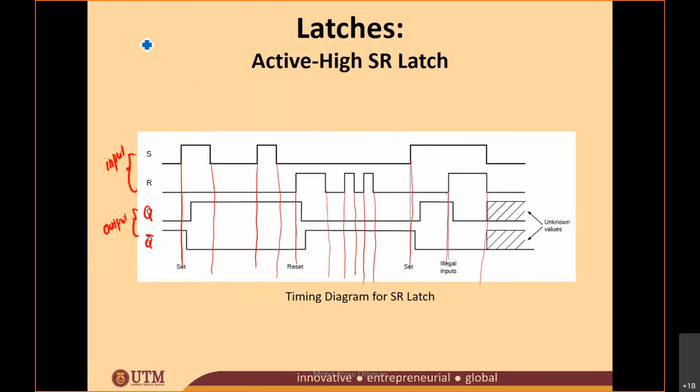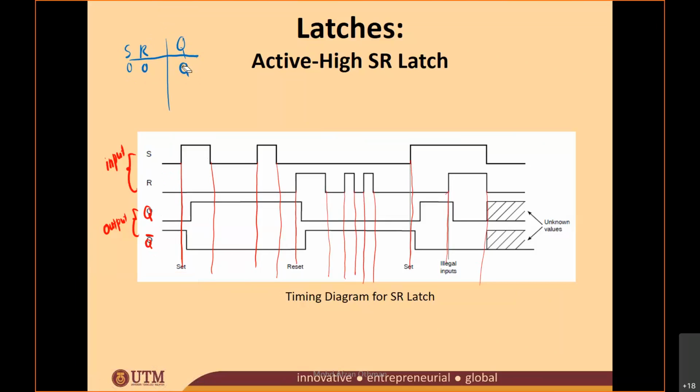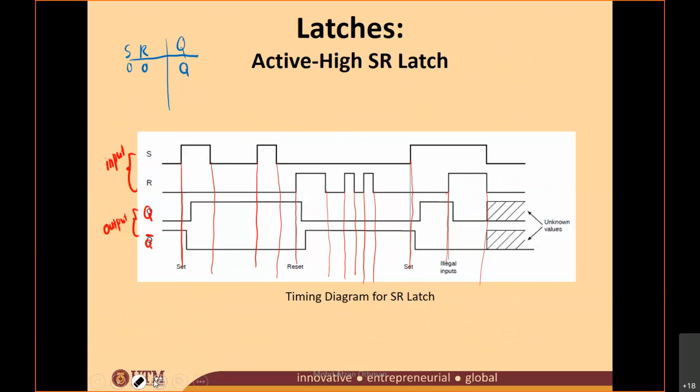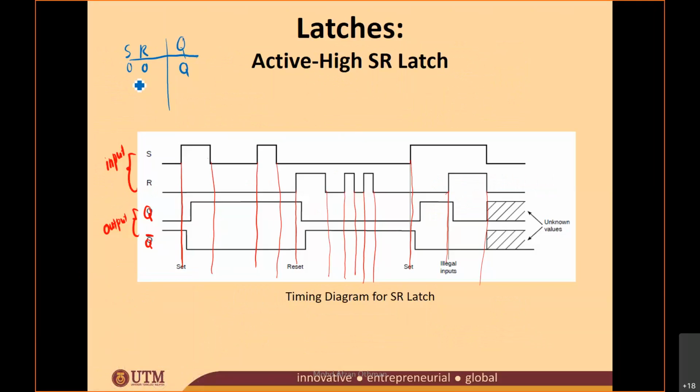We know from the truth table that when SR is 00, Q will be equal to Q, not Q bar, Q equals Q. When 01 it means you're going to reset, 10 you're going to set, and when 11, this is forbidden.